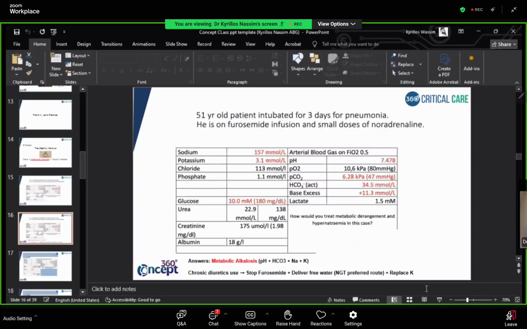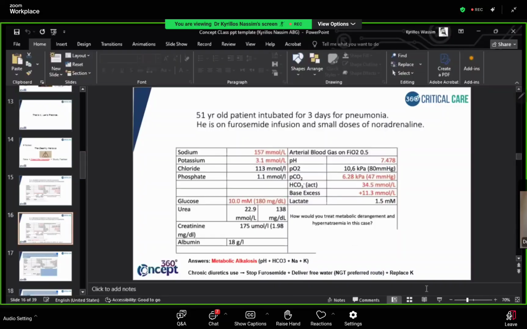They will ask you what is the next step. I tell you, it's always the next step. And they need focused answers like stop furosemide, deliver free water via nasogastric tube, its preferred route. These answers are of important value for the examiner. So you must have awareness of the time of examination.